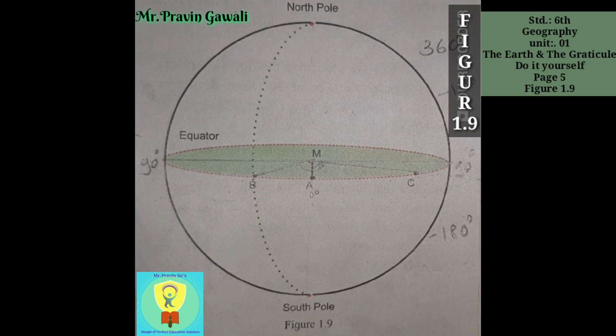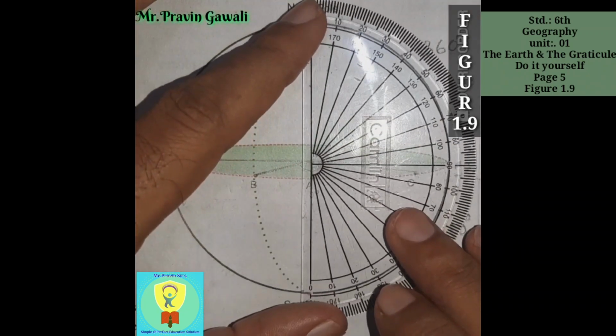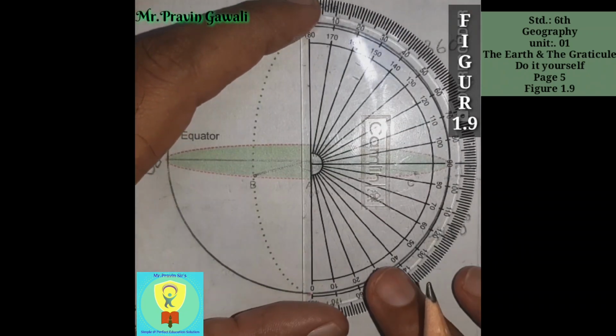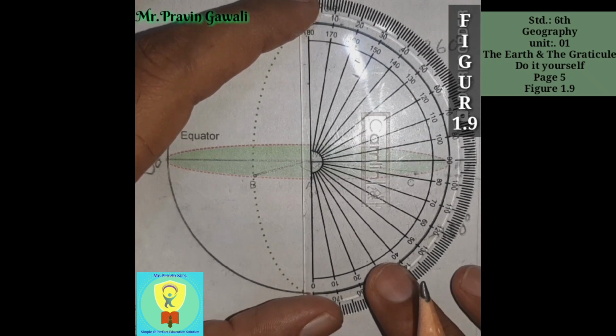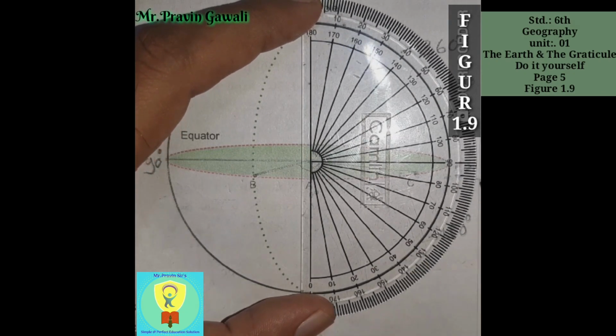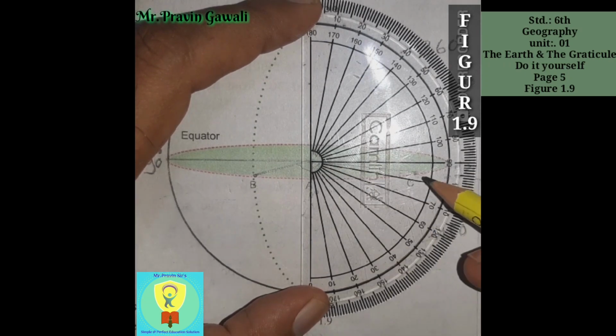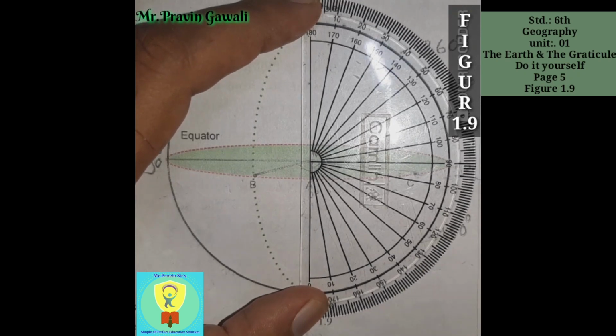Now we have to measure the angle. In this way we will measure the angle with the help of the protractor. See here, I told you this is a right angle, so it will be 90 degree. Now we have to see point C. Point C comes exactly here.